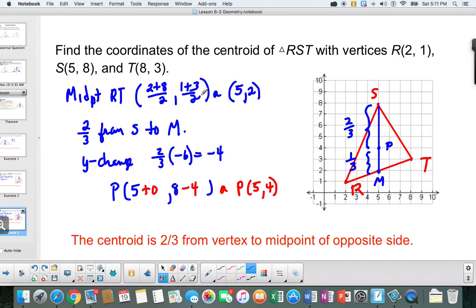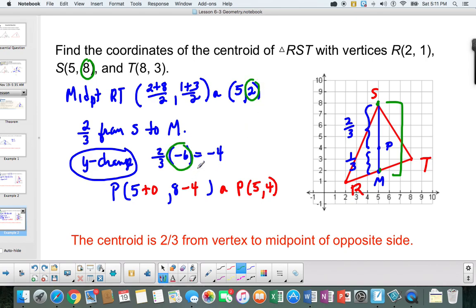All right, so we want to take a look at the x change right here, and we know that we want to do 2/3 from point S to point M. Now from point S to point M, you're starting here at 8 and you're going here to 2, so you're going to go down 6 units.